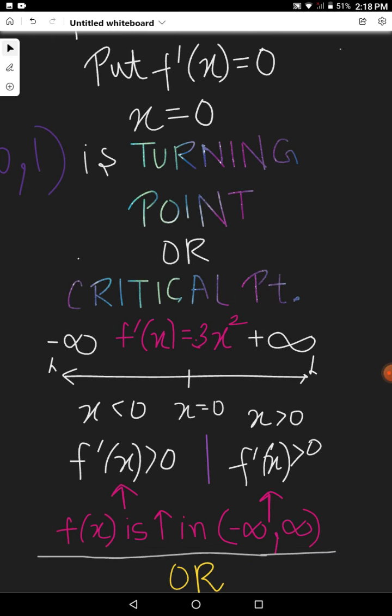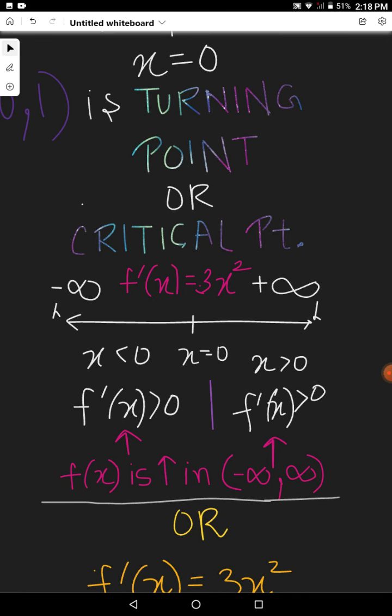Okay, now we will be using the concept which we studied in class 12th of increasing and decreasing. On putting f dash x equal to 0, we found that x equal to 0 is the critical point. So take a number line, put x equals 0 in between, and write minus infinity and plus infinity.